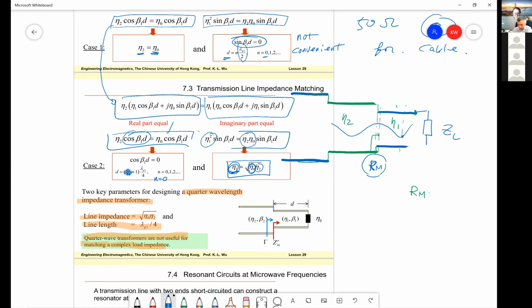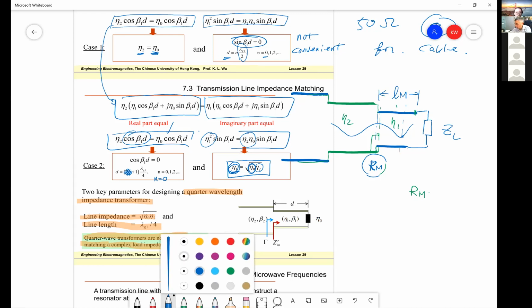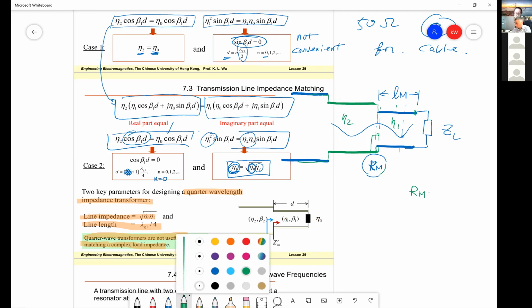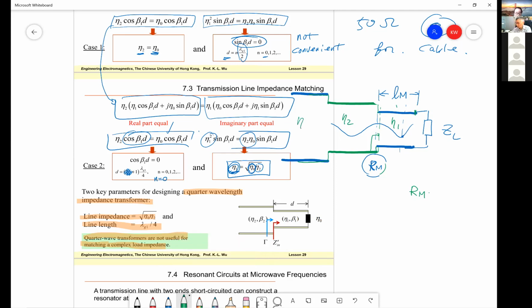Then this length is LM. Okay, this is LM. This is your transmission line. Okay. So your RM times this is your eta 1, eta 2, let's say eta 3. So this is eta 3.